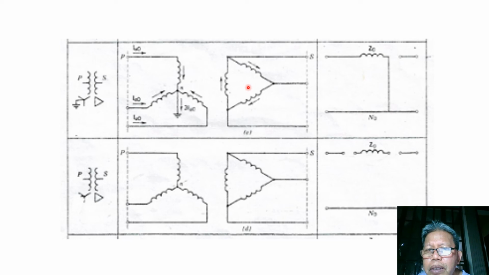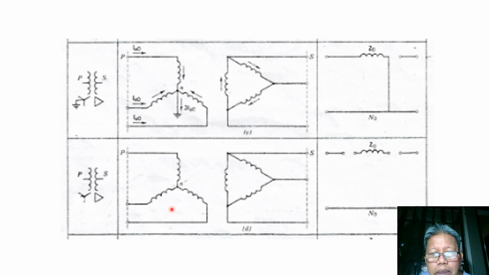If we write the equivalent Y for this, we have the reference neutral, so between a terminal and the reference neutral, there would be current flowing. So we represent our transformer for a zero sequence impedance with delta secondary to be this one.